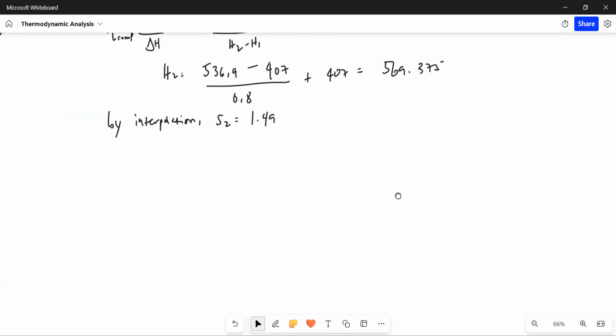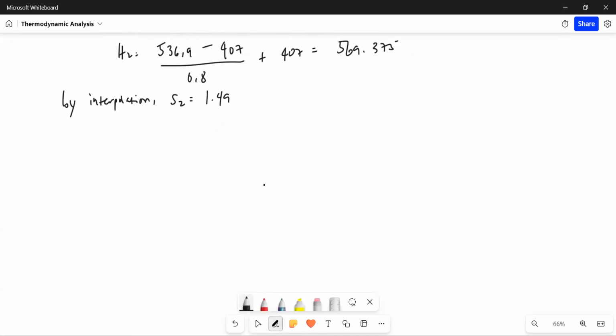Now we can proceed with the calculation of the work ideal, work lost, and work shaft. First, let's calculate for the work ideal. I will not write anymore the original equation.